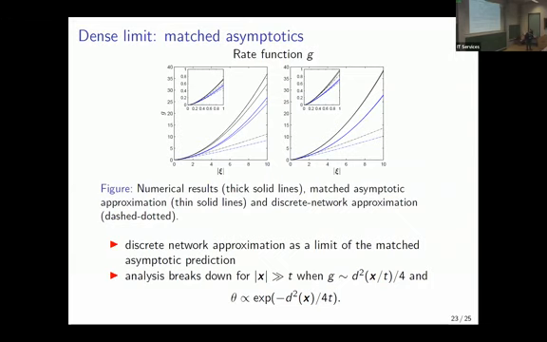And of course, one can show that the more complex asymptotic solution that we obtain does encompass the discrete network approximation as a limit, so the two collapse, so the thin solid lines agree with the dashed dot lines over here.